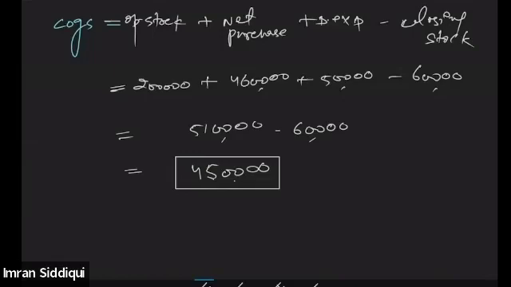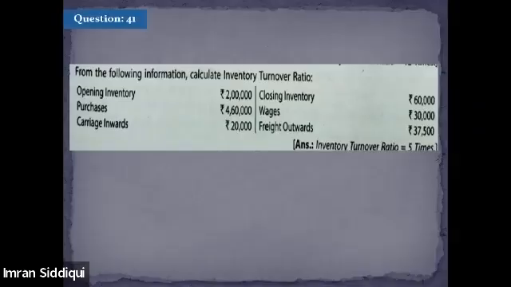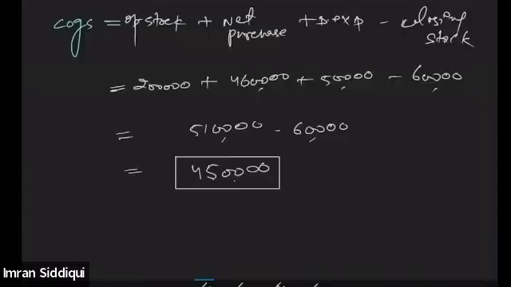Sir, 5 10 minus 6. Sir, I got 6,60,000. How did you get 6,60,000? Opening inventory is 2 lakh. Purchases 460.